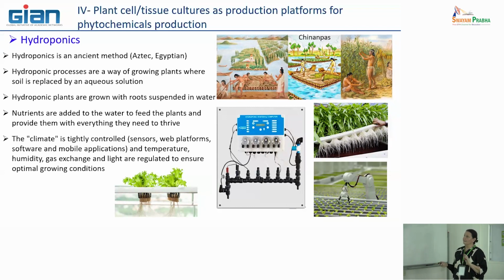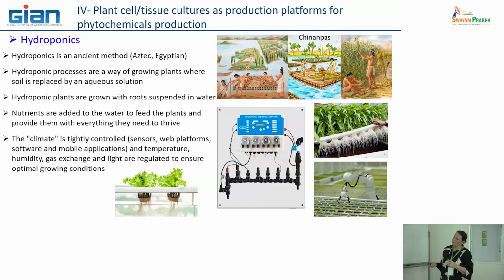And with a modern system, all these parameters are always controlled, and they are linked with several sensors that indicate at each time the situation of your farm, and obviously in what condition your plants are growing.